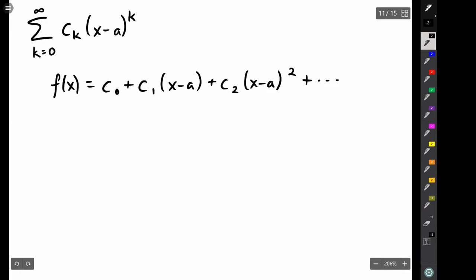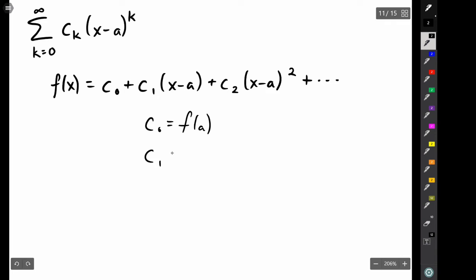Right? Well, what probably isn't a big surprise here is that the procedure to do this is going to be exactly the same as we did for finding the Maclaurin series, except instead of plugging in x equals 0, we always plug in x equals a because of all these x minus a's here, right? So you'll find that c0 is f of a.